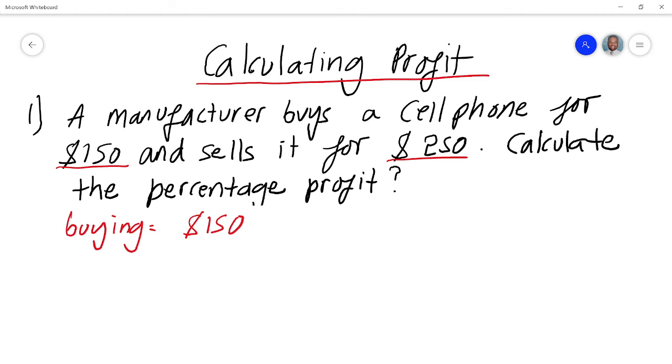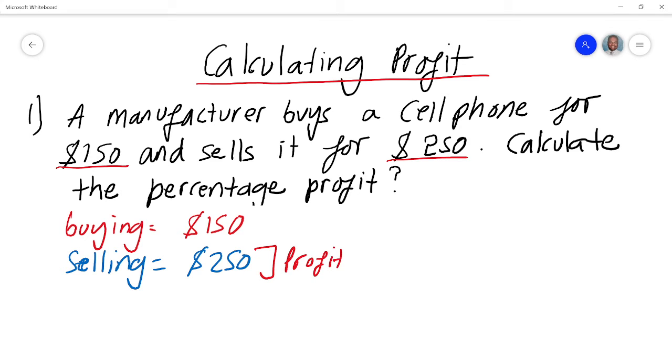And my selling price is $250. You know very well that this person has made a profit, because your selling price is greater than your buying price.